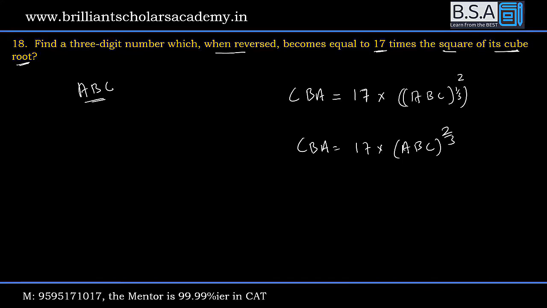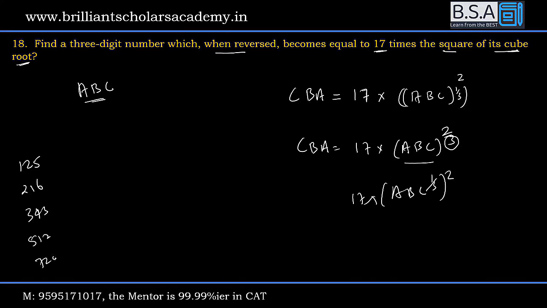We were looking for the original number. One thing is clear: if ABC is the cube of some number, then you take the cube root. First, you have to take the cube root of ABC, square it, and multiply by 17. So write down the cubes, and we need 3 digits. 3-digit cubes: 125 is a cube, 216 is a cube, 343 is a cube, 512 is a cube, 729 is a cube.